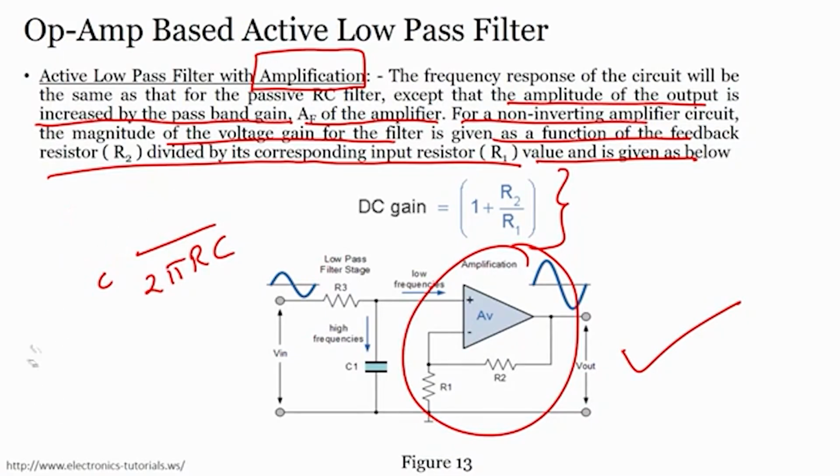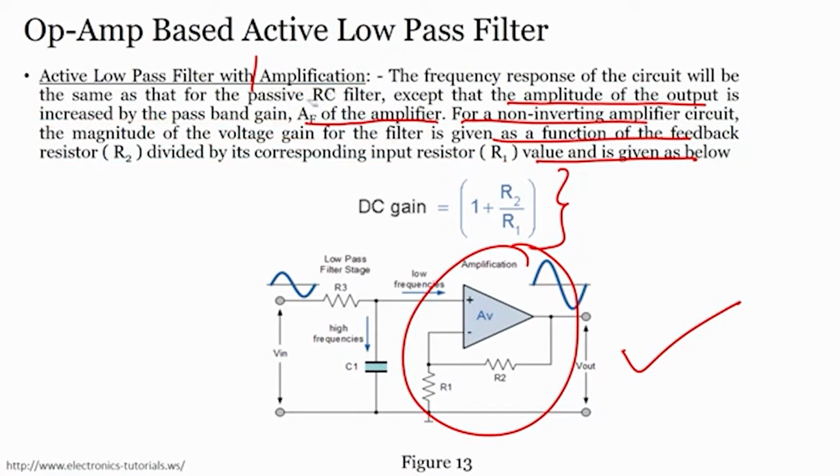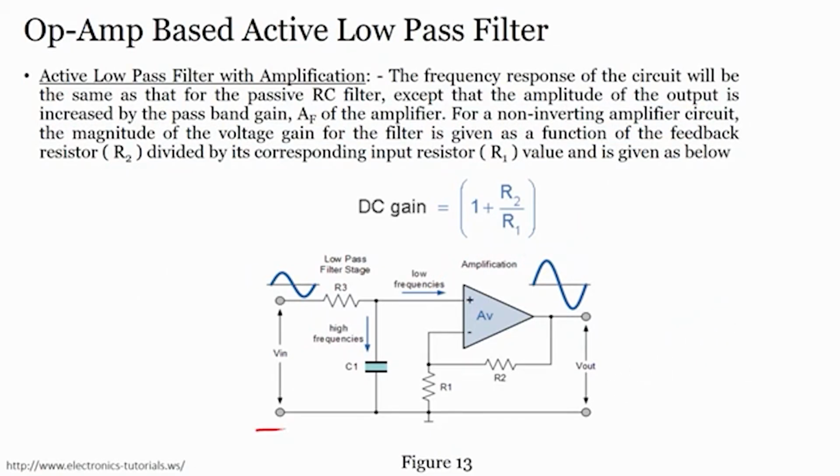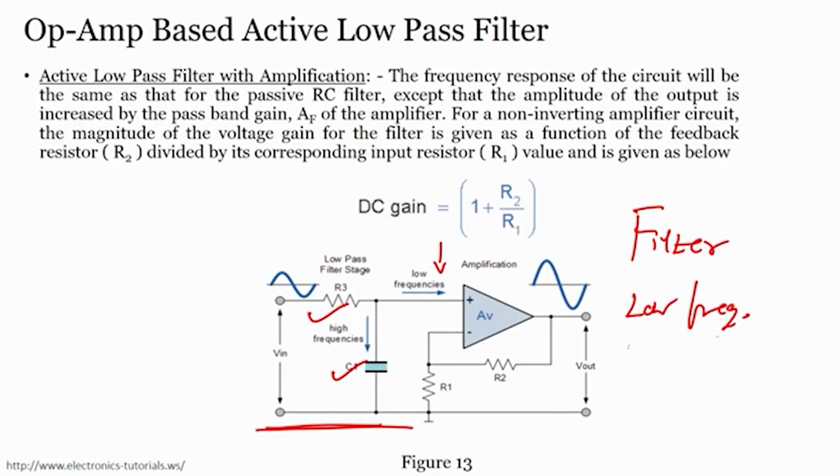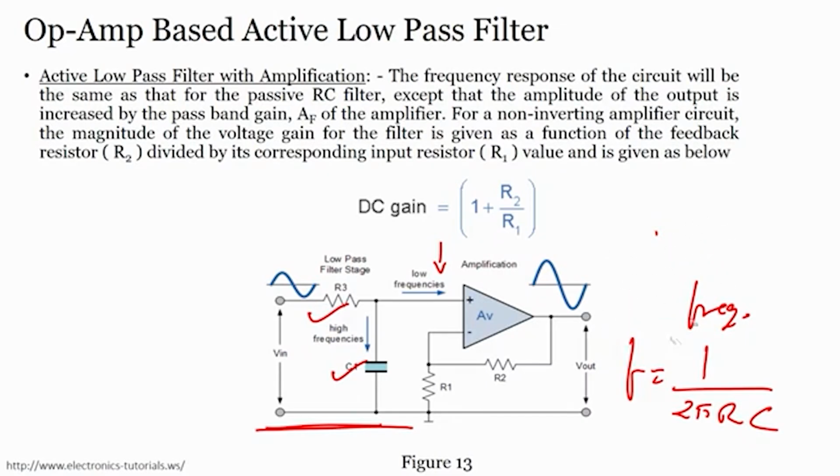So, quickly, what exactly is this op amp based active low pass filter? When we connect R and C in this particular fashion to the non-inverting amplifier, it will filter out high frequencies based on the formula F equals 1 upon 2 pi RC, and it will also increase the amplitude.